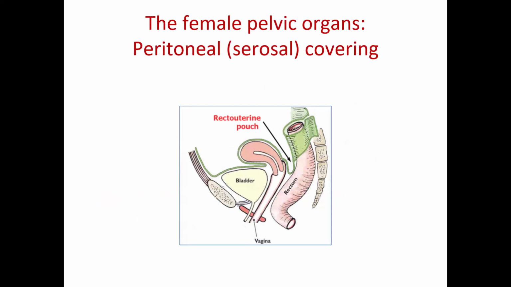I like this diagram, and I shared it probably with some of you before because it shows the pelvic serosa from the rectum, and how the rectum starts here at the level of the superior hemorrhoidal vessels, and the serosa proceeds obliquely inferiorly as we move to the anterior of the rectum.